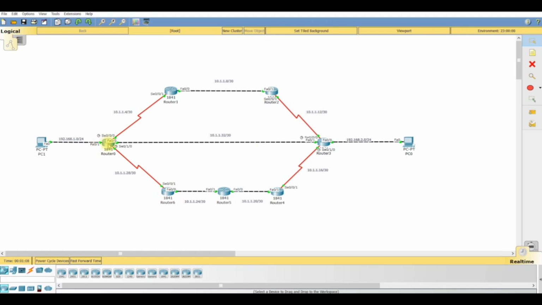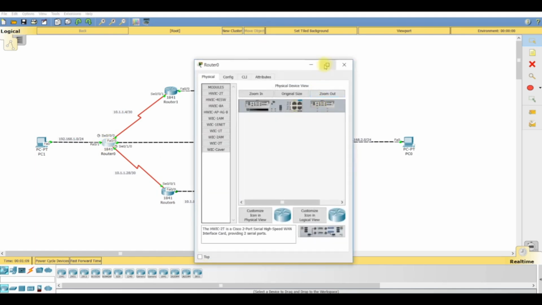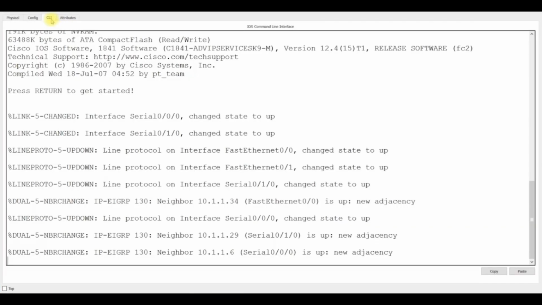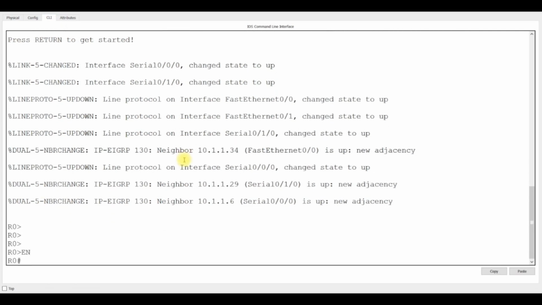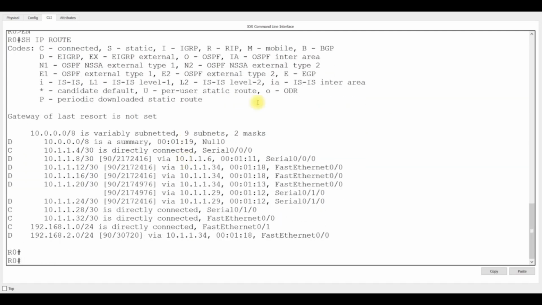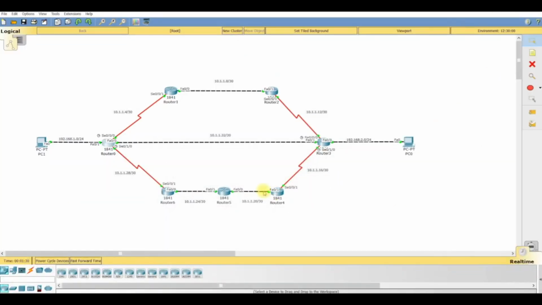If we take a look at this router 0 right here, maximize it and do the CLI, let's do enable and a show ip route. It's going to show us that we're going to go to the 2.0 network through the 10.1.34, that's straight across Fast Ethernet 0. So we're going to go this way.